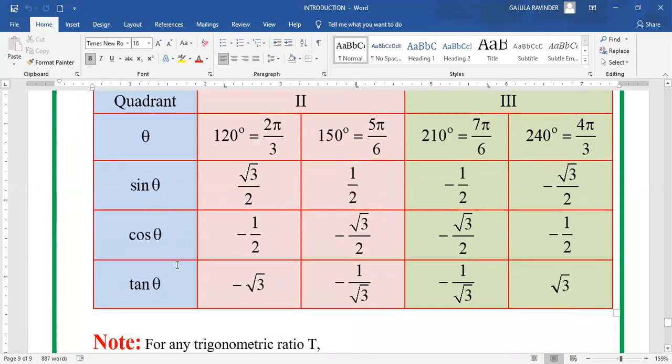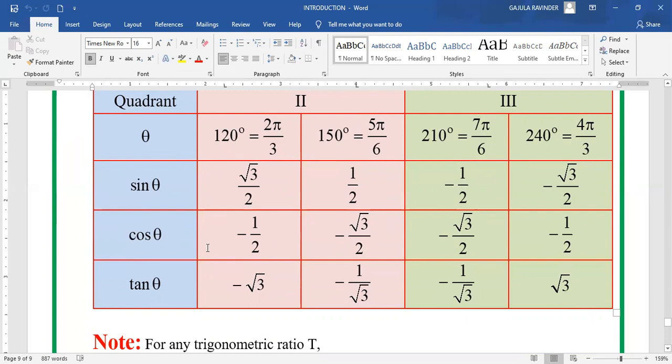See, I have taken only sine, cos and tan, only 3 values, because the remaining will be taken by their reciprocals. So dear friends, take for example secant theta. For secant theta, you can go for cos first. Cos 120 is the same as cos 60. Cos 60 is 1 by 2, but in the second quadrant, so minus 1 by 2. Right?